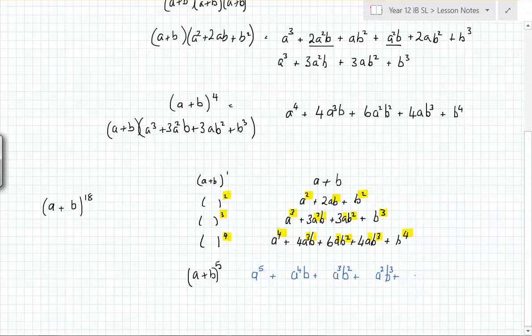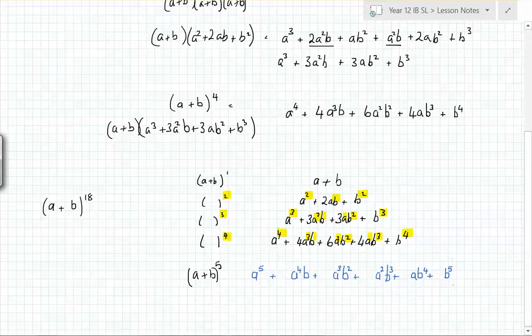Next one? A to the power of 1, b to the power of 4, and then finally, b to the power of 5. What is that, by the way?